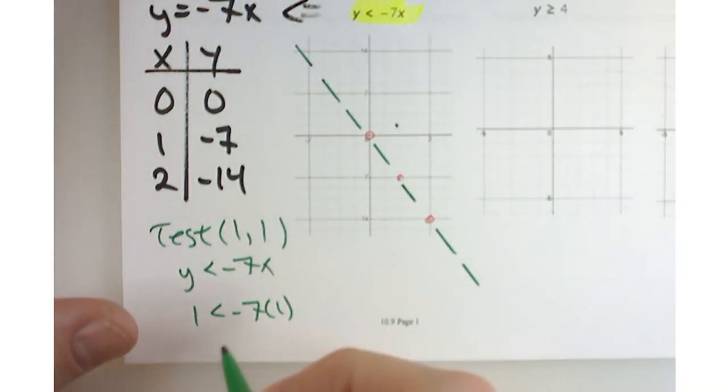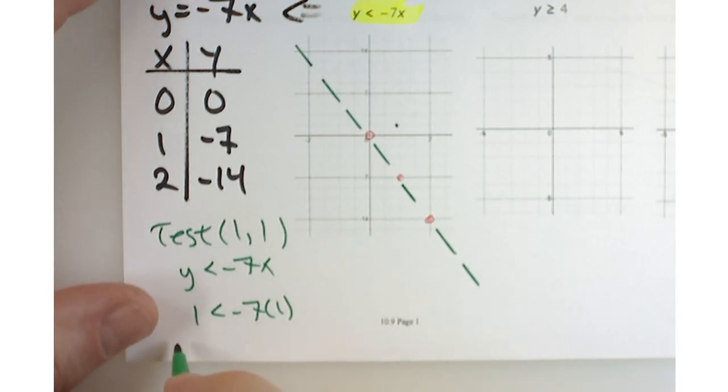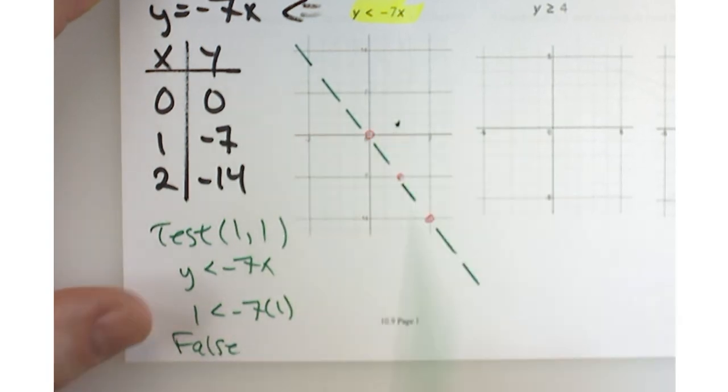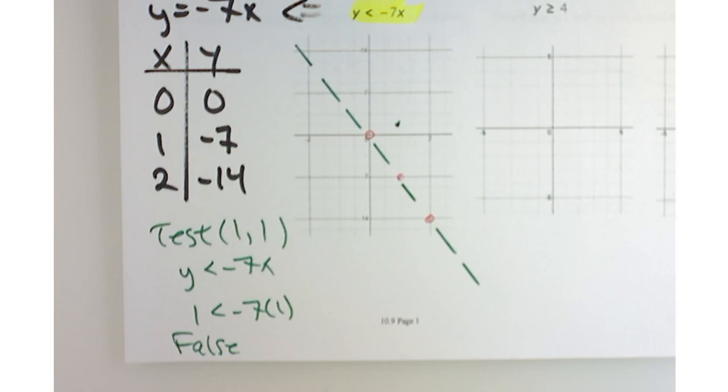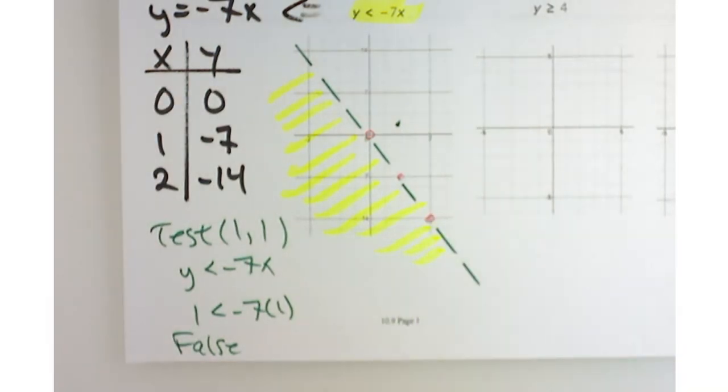No, that's what you're supposed to decide. All right, so that one's false. All right, so which side am I going to shade? Above and to the right or below and to the left? Below to the left. Well done. So below to the left.